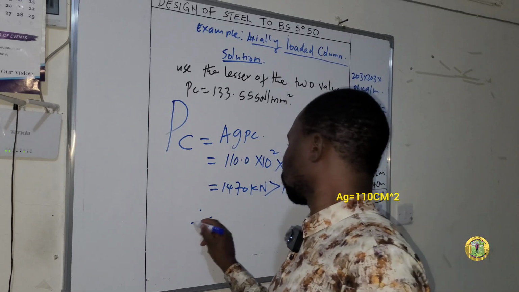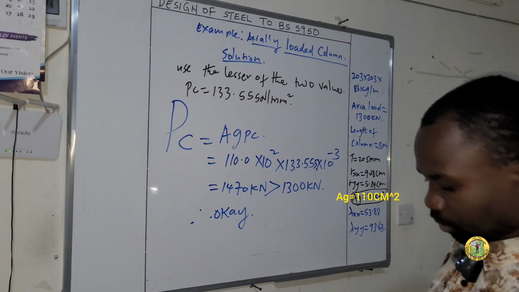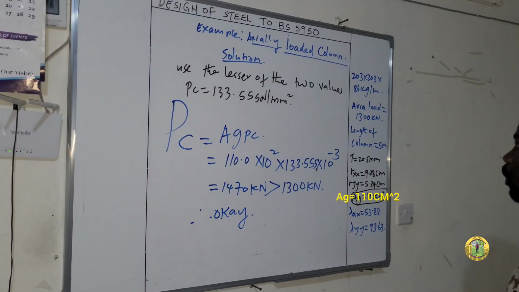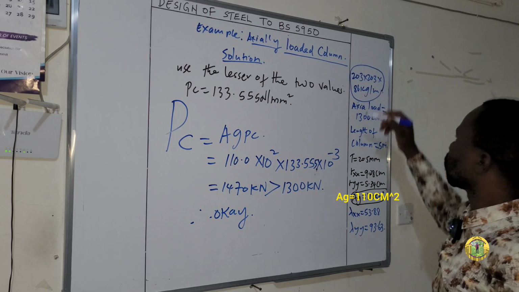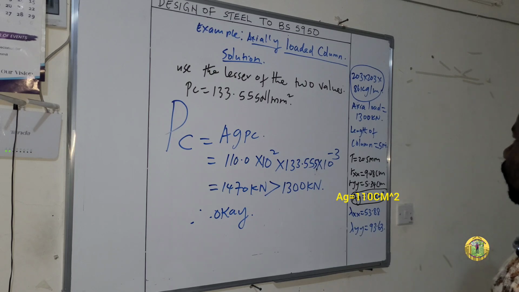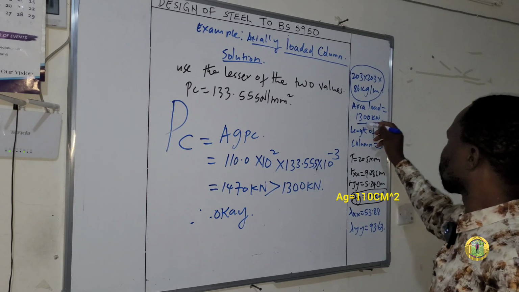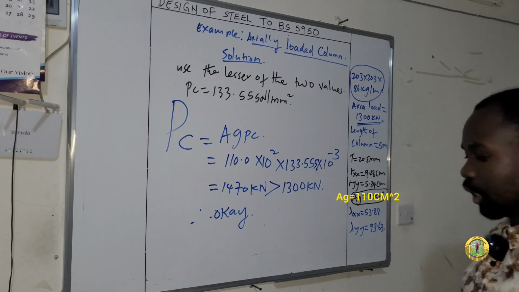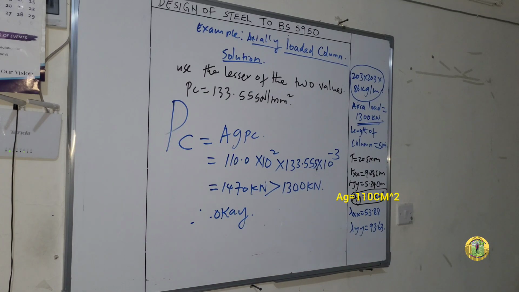Therefore, the section we have been told to check, which is 203 by 203 by 86 kilogram per meter, will support this axial load of 1300 kilo Newton. And that marks the end of the question.